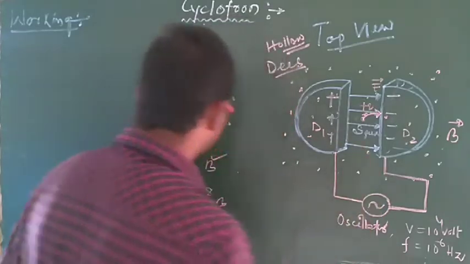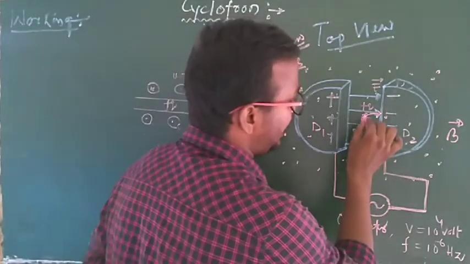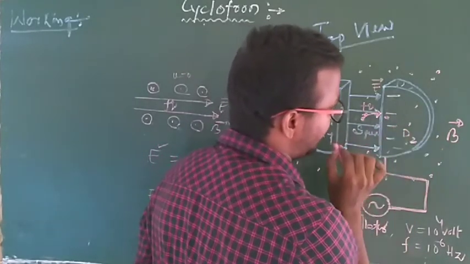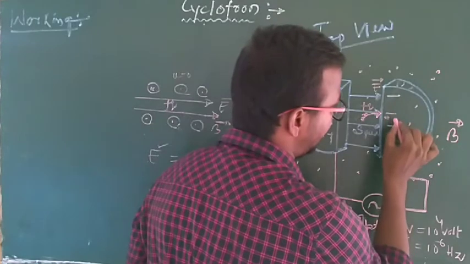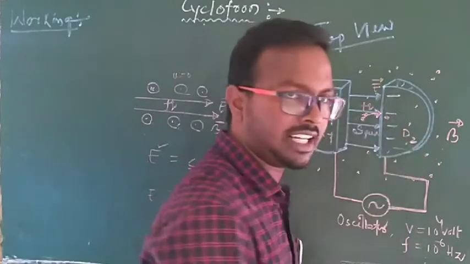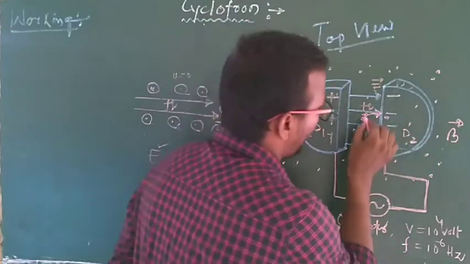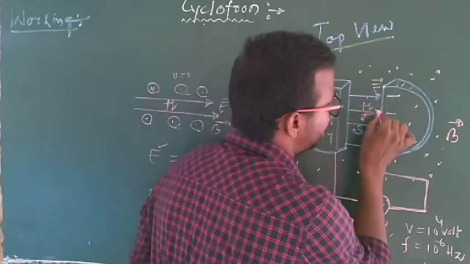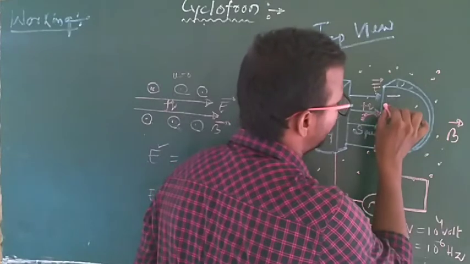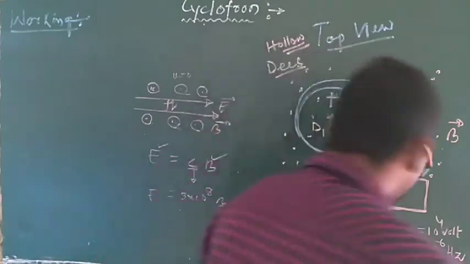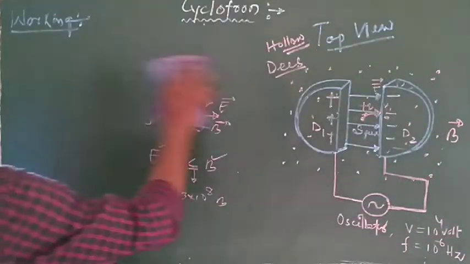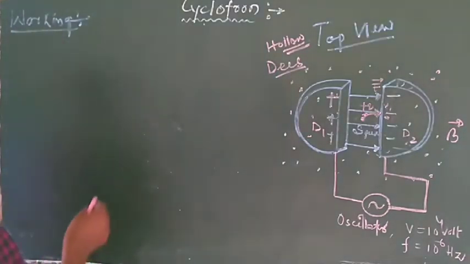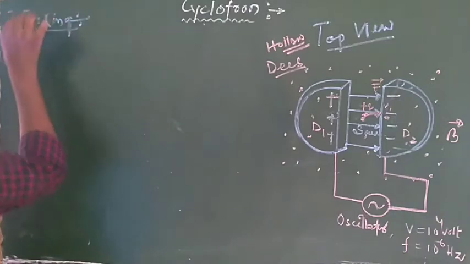Clear? So this charged particle initially enters the D-shaped material which is connected with the negative terminal, with velocity v1. You can take an example: when a charged particle accelerates inside the electric field, its velocity increases.